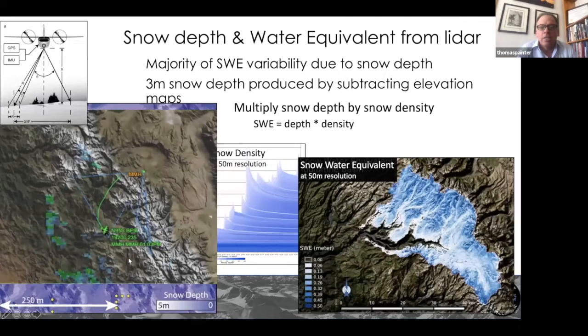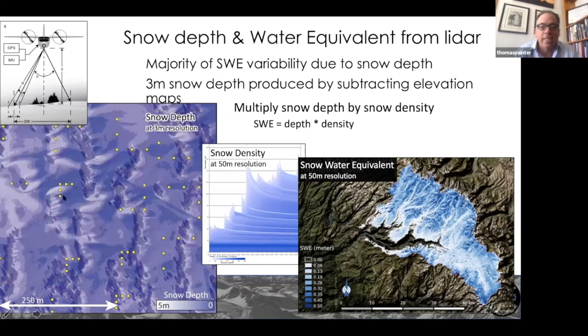Okay, so this is how we operate here. This is how we fly a basin, is essentially just going and mowing back and forth. So it looks like the field at Fenway Park. And then what that results in is a snow depth map that looks something like this.